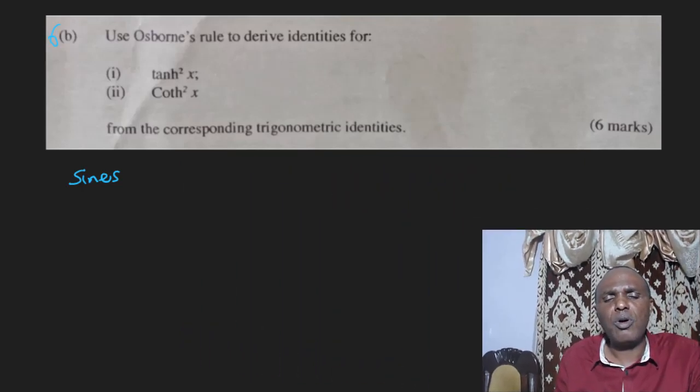There is a common trigonometric identity we use many times, that is sin squared x plus cos squared x is equal to 1. We can very easily turn it into a hyperbolic identity using Osborne's rule.